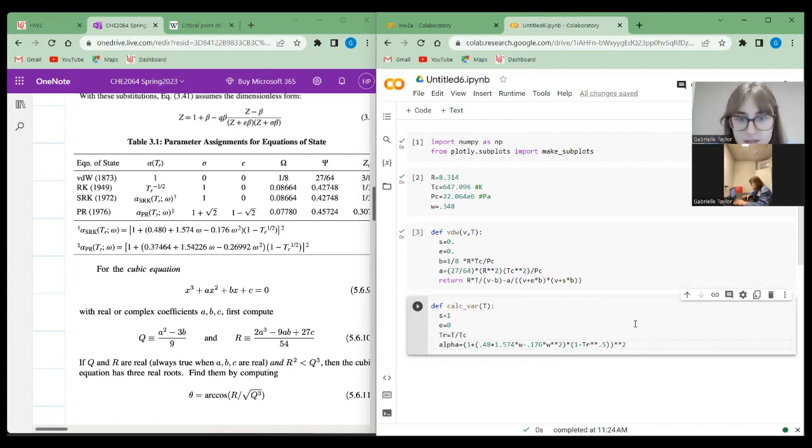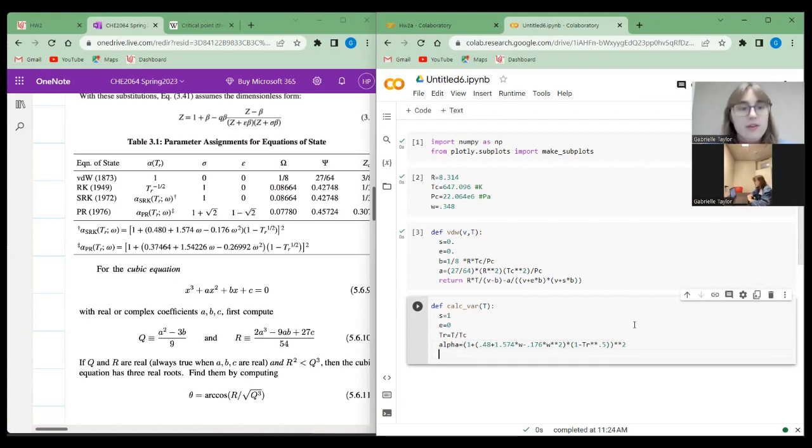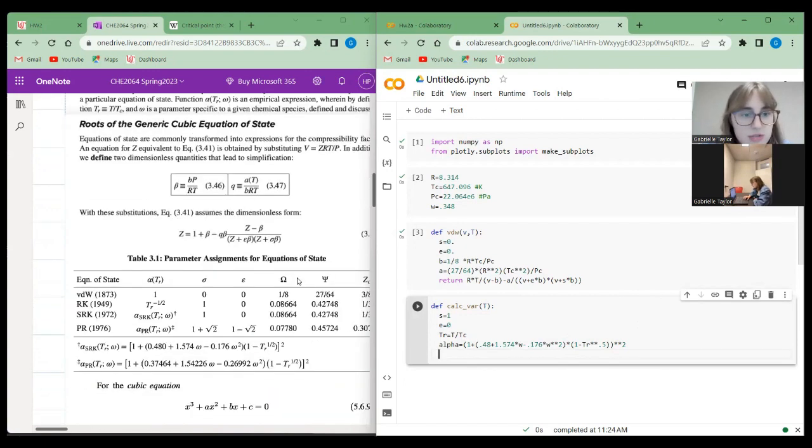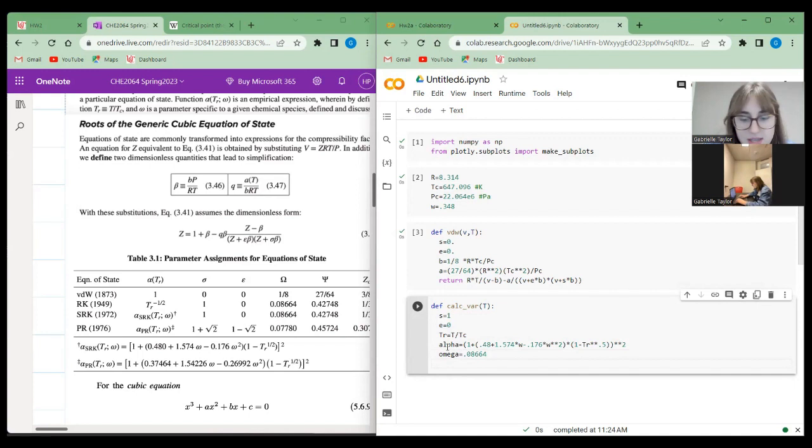Okay, this is good. After we found our alpha, let's plug this back in for A. We also do need psi and omega before we do that. So let's do omega first. Omega is going to be 0.08664, and then psi equals 0.42748.